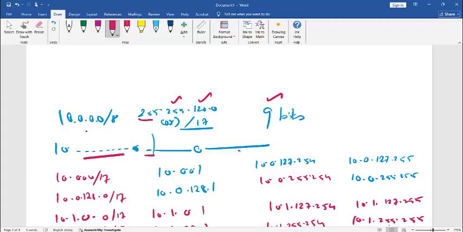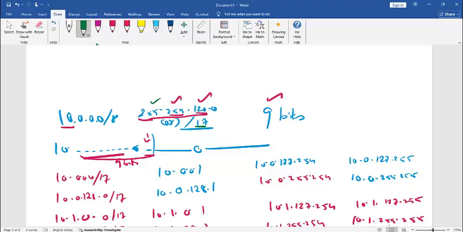This 255 is because of the default mask, and then another 255 is 8 bit, another 1 bit is 9 totally. 8 plus 1, 9 bit. That's why the mask is 255.255. What is the value of this place? 128. So if I want to write it in CIDR value, then I need to say 8 plus 8 plus 1, 17.